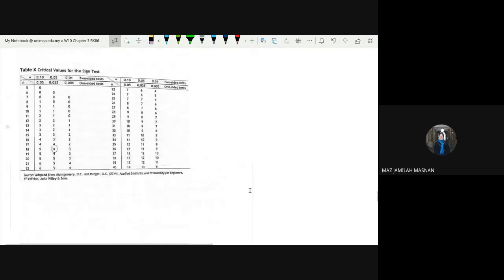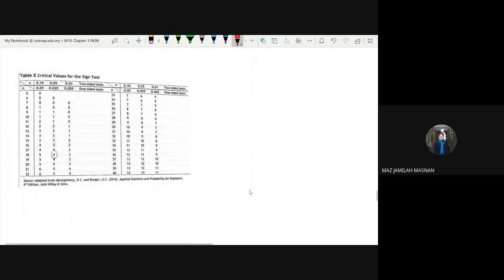You are talking about a two-sided test, and alpha over 2 is 0.025, so for a two-sided test just use alpha equal to 0.05. And your n is 18. For 0.05 and 18, this will be your KCV.